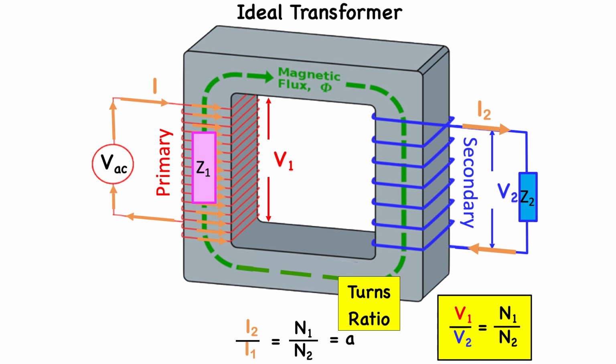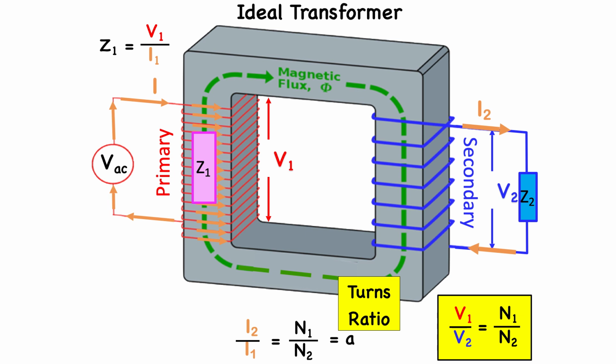And we can calculate what that reflected impedance is by measuring the voltage drop across the primary coil and the current into that coil. And that would give us the reflected impedance. In other words, V1 all over I1 is going to give us the reflected impedance.